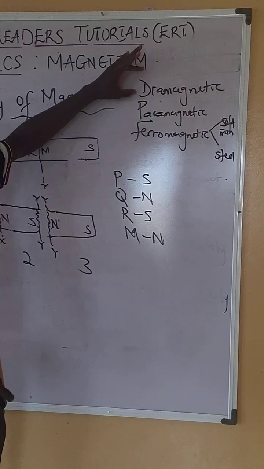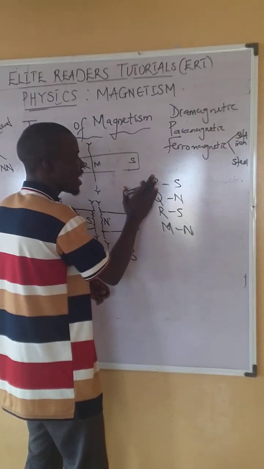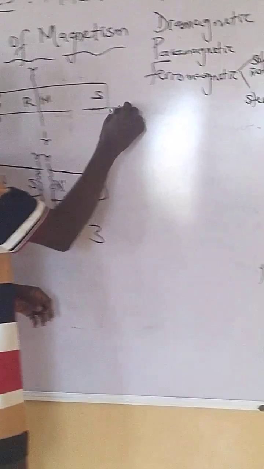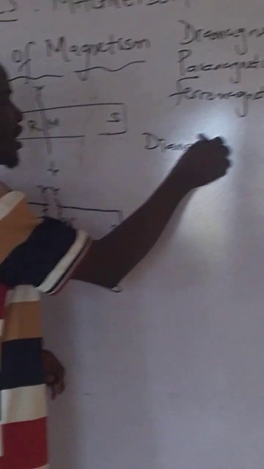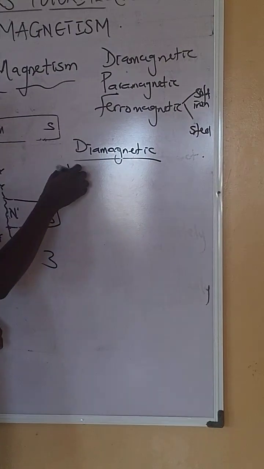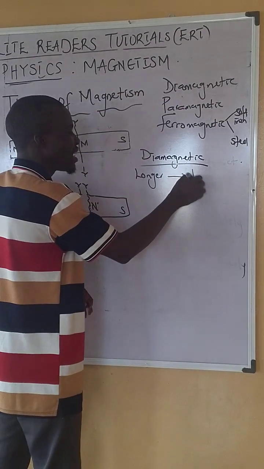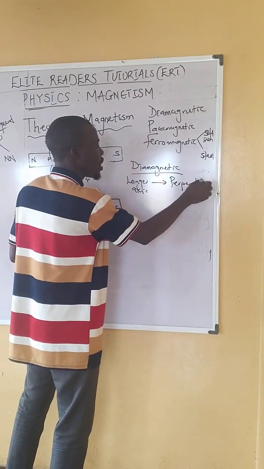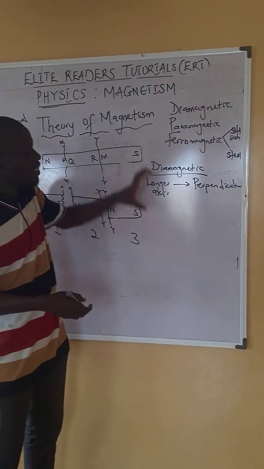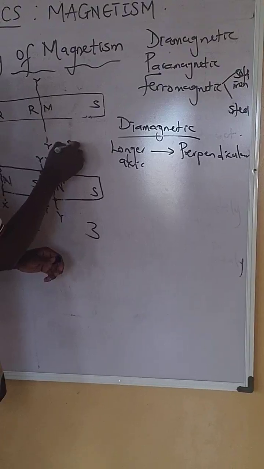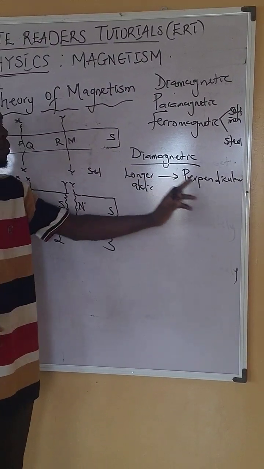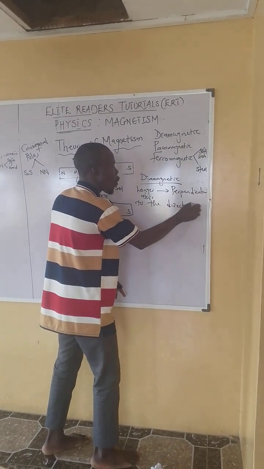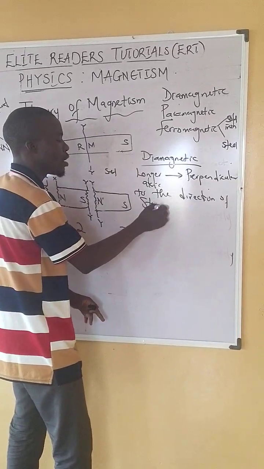Diamagnetic are materials that set their longer axis perpendicular to the direction of a strong magnetic field.